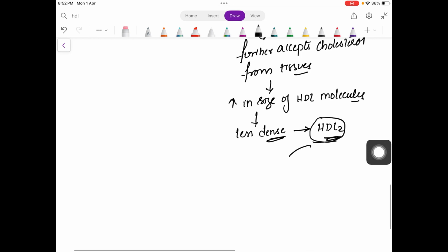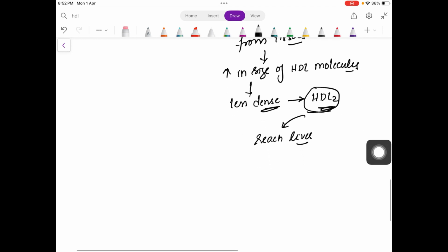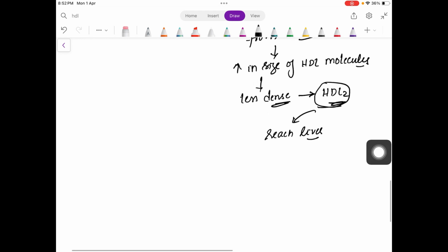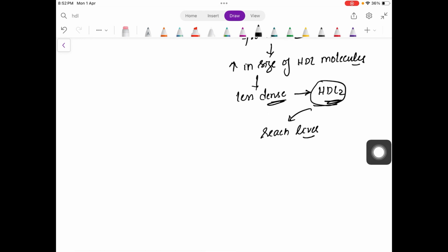And these HDL molecules will reach the liver, and in liver they undergo hydrolysis through hepatic lipase.